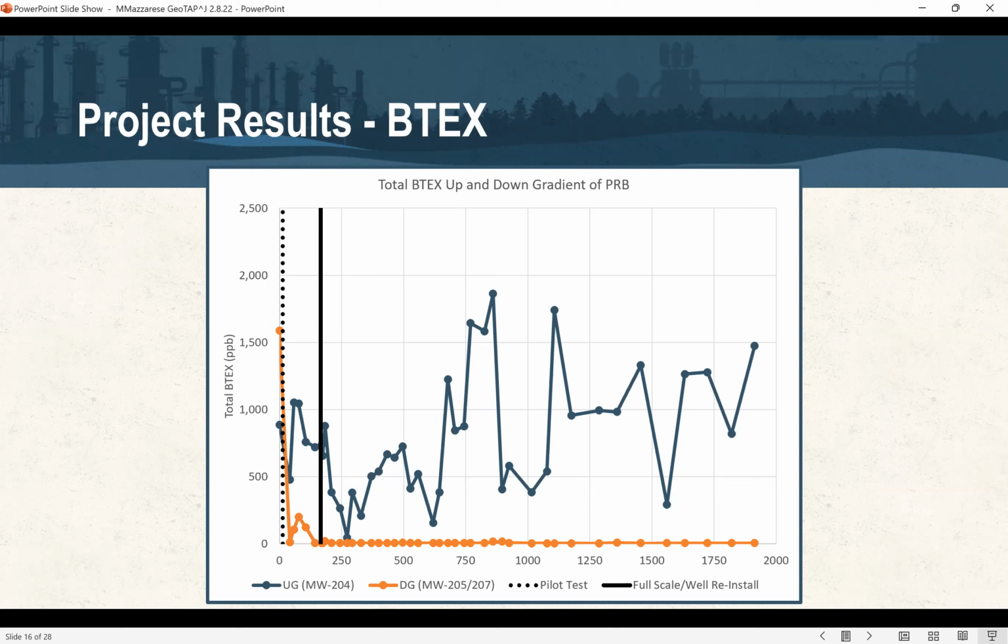You can see that the influent BTEX concentration did vary quite a bit, call it an average of about 1,000 parts per billion. And we've had really low detections, essentially just detection limits, coming out the down gradient side. For the data that I have, we're at about 1,900 days post pilot test.